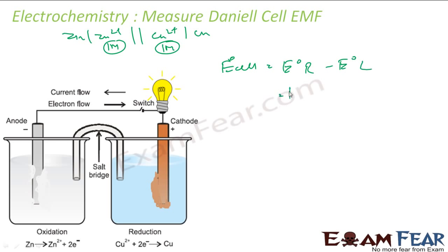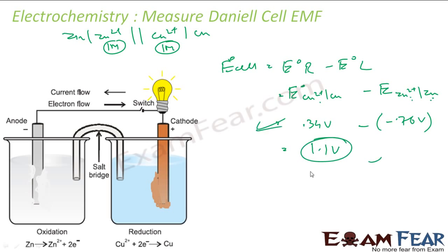What is right? Right is my E naught of Cu2+ to Cu, minus E naught left, which is nothing but the reduction at left, Zn2+ to Zn. Please note, it is not Zn to Zn2+, it is Zn2+ to Zn. In both cases I am writing the reduction values. So for Cu2+ to Cu we just found the value was 0.34 volt, and for Zn2+ to Zn we just found the value was minus 0.76 volt. So if you solve this you get 1.1 volt.